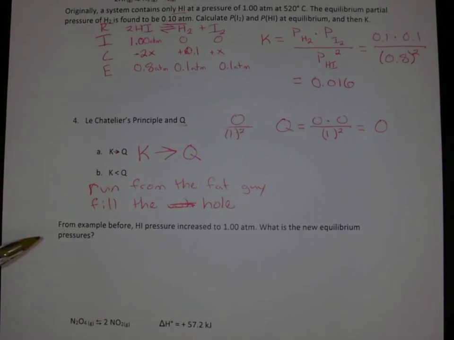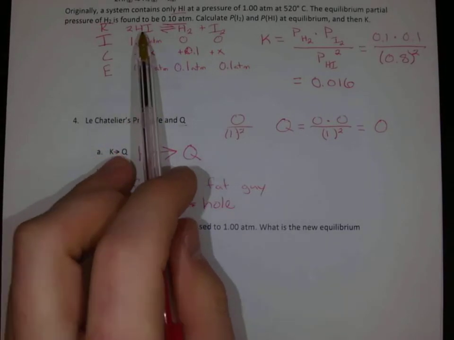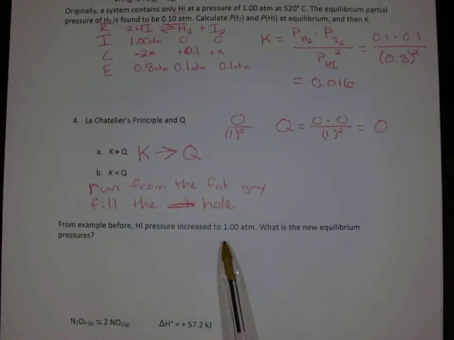Let's again think about our example from before. Same thing, we were at 0.8, 0.1, 0.1. What if, for some reason, we added more HI and increased its pressure to 1 atmosphere? We were at 0.8, and we moved it up to 1.